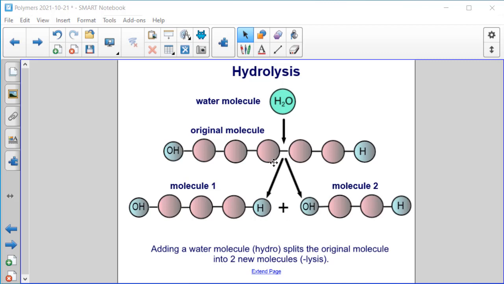What we'll end up with is two molecules, one that contains the H from the water and the other that contains the OH from the water. So adding a water molecule, which is the hydro, splits the original molecule into two new molecules, the lysing or lysis process.